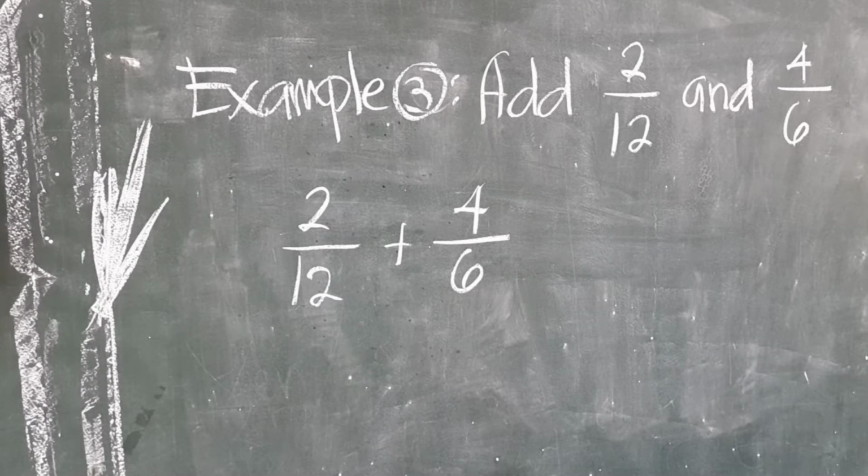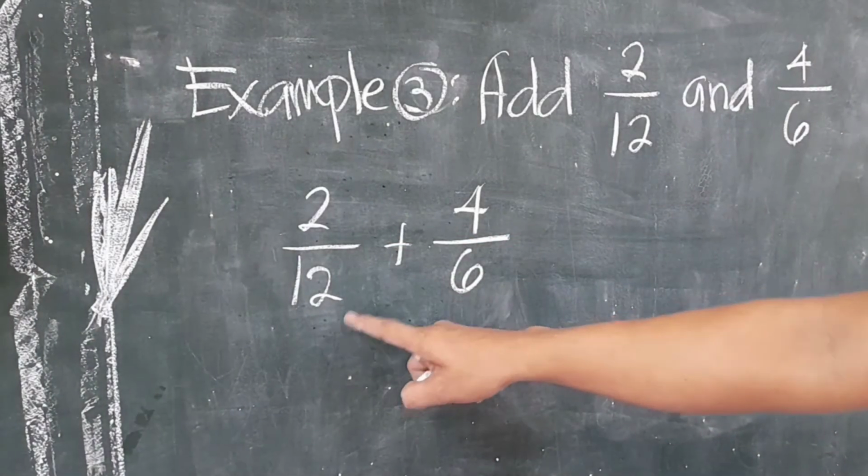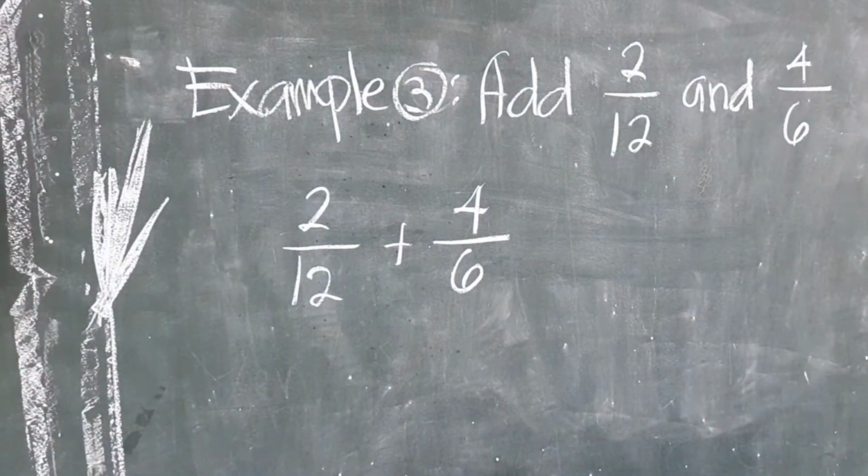First, we're going to write it in the form 2 over 12 plus 4 over 6. But first, take a look if the fractions can be simplified, because it is easiest to deal with small numbers.